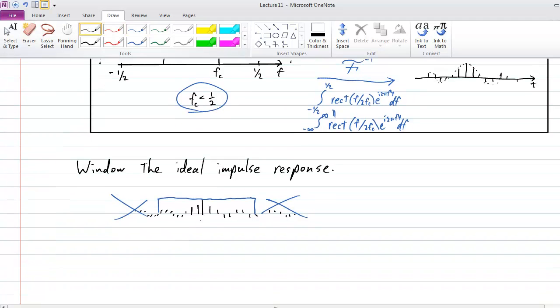Now it's still non-causal because it's 0 here, goes back. So let's say we window up to capital N and minus capital N. Well, now we should delay it to make it causal.